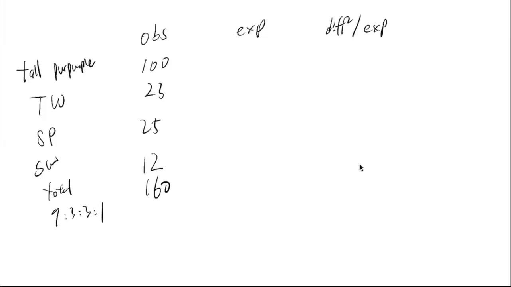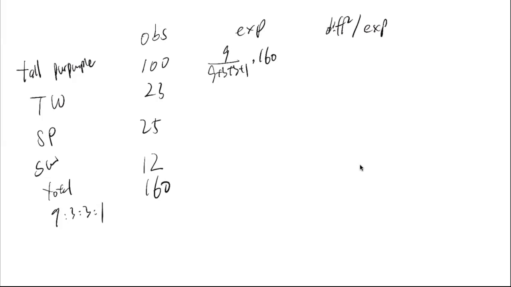The expected value is calculated as if I give you 160 without telling you anything else, and then tell you the ratio, so you can calculate it yourself. The ratio for tall purple is 9 over 9 plus 3 plus 3 plus 1, times 160.